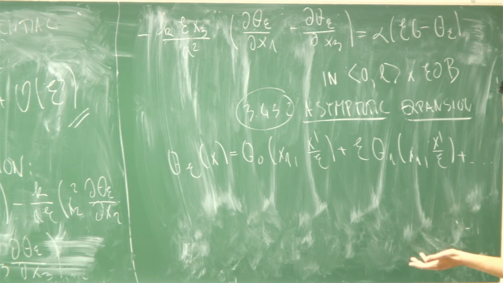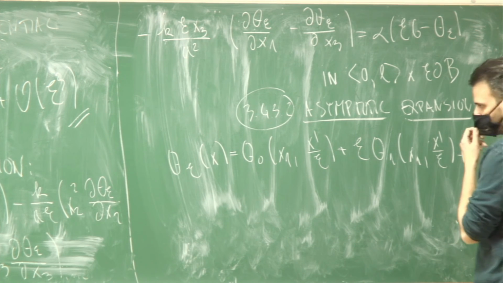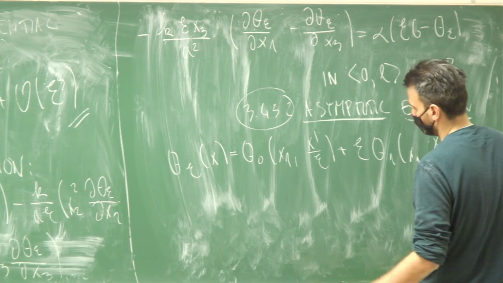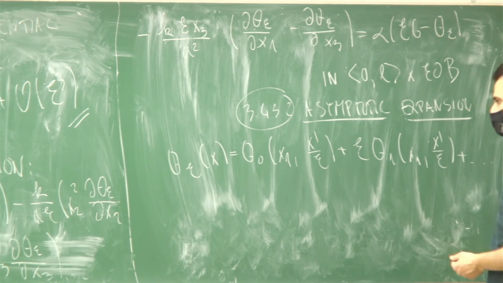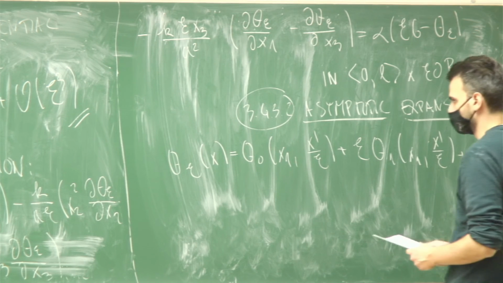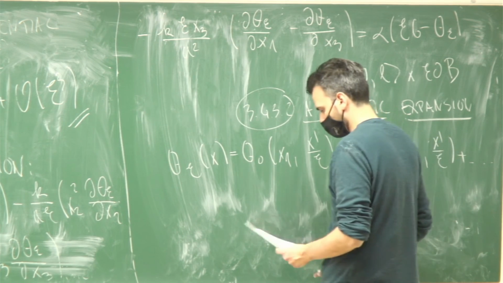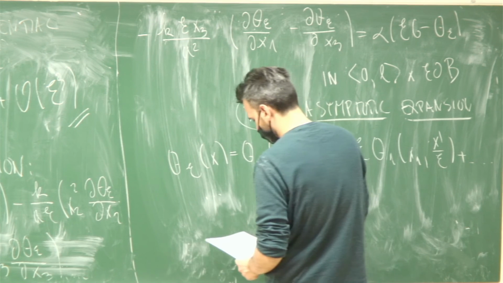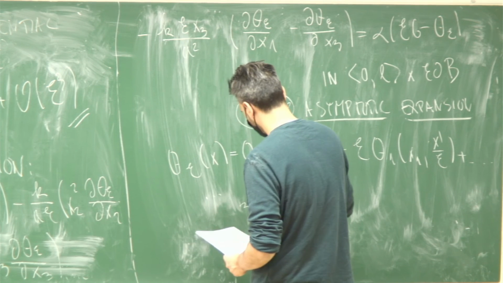And from the necessary compatibility conditions, you obtain second order ODEs for the zeroth approximation, first and second order corrector, and compute them. This is basically it. You also have to do a boundary layer analysis, but this is more or less classical since we mentioned that earlier. And regarding the justification, just a comment.